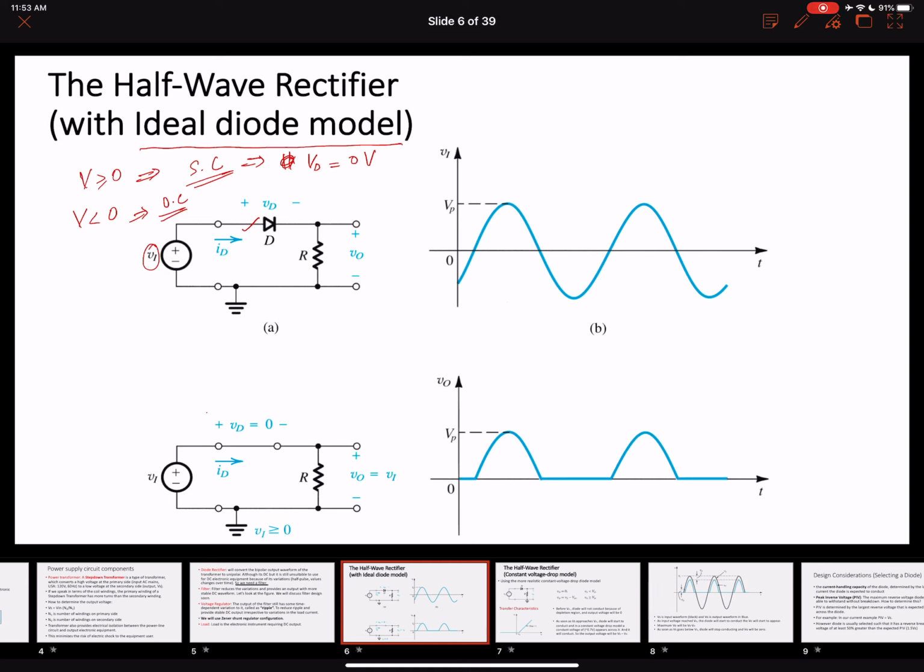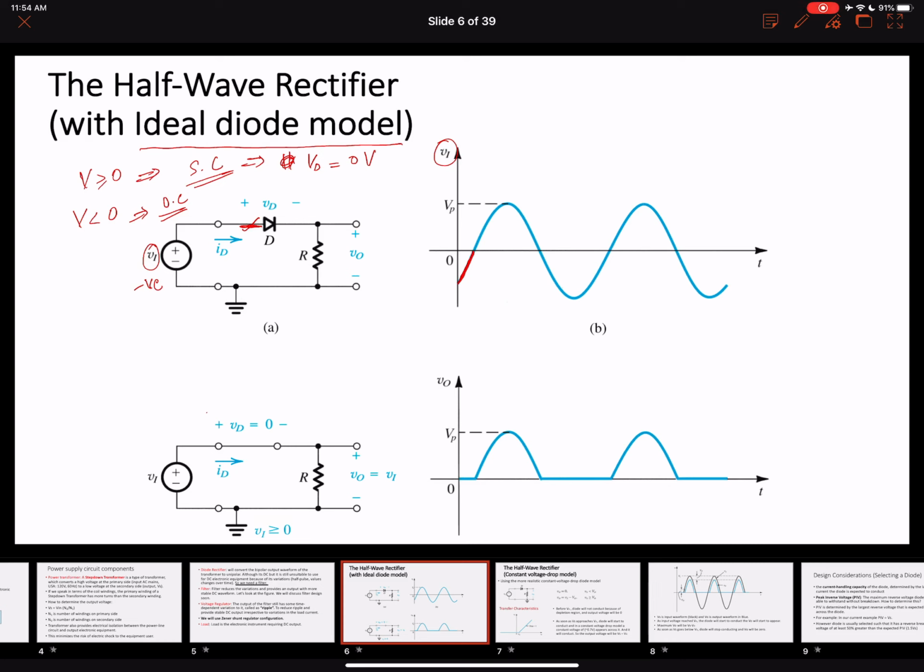Okay, so assume now this is our input voltage. In this part of the cycle, the input voltage is negative, so the anode will be negative with respect to the cathode, and our diode will be reverse biased. This means that it will be an open circuit.